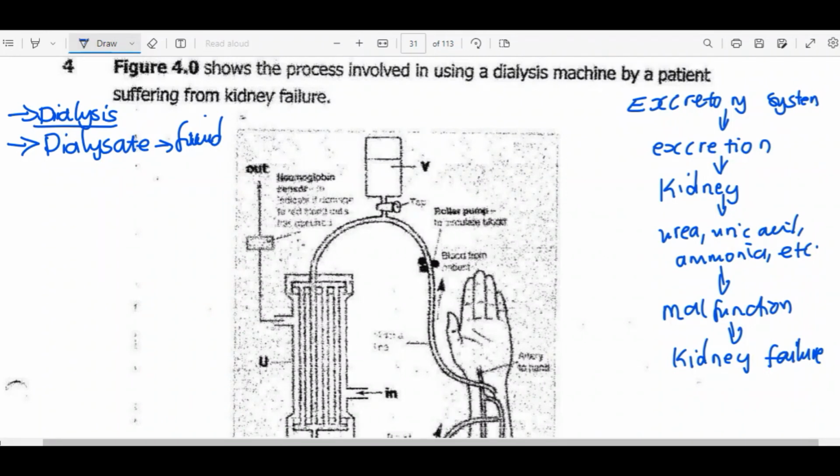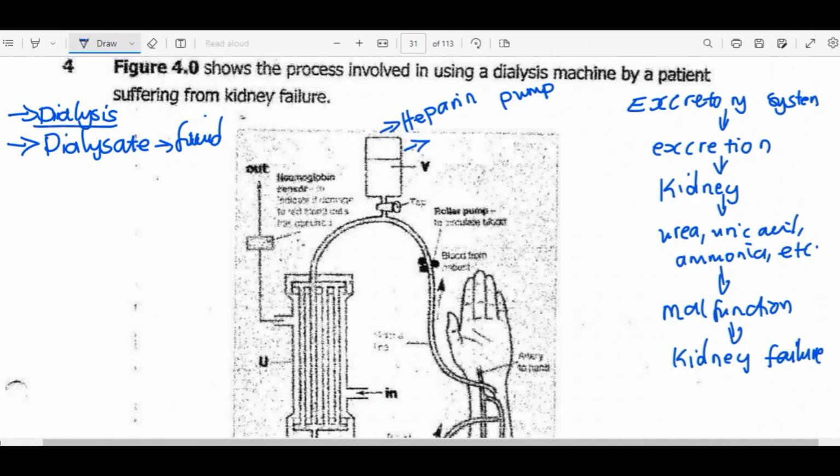Right. Then from there we have structure V, or part V. This is a pump, and apart from being a pump, it contains a fluid called heparin. So we have the heparin pump, and inside this container there is the heparin fluid.